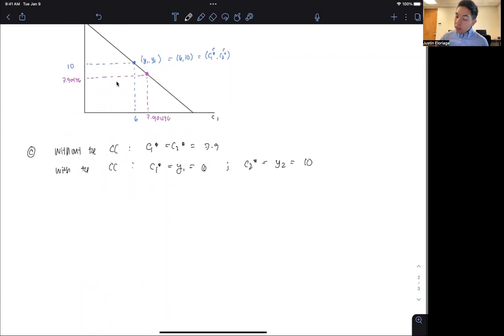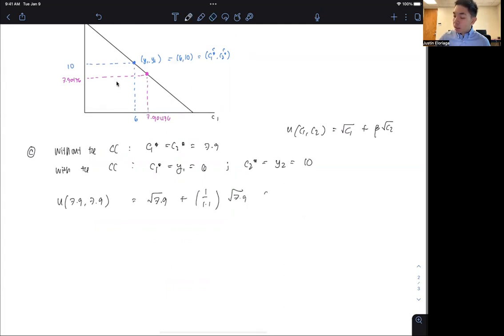If we calculate the utility under the unconstrained case, 7.9 and 7.9, you know that the utility function U(C1, C2) is the square root of C1 plus beta times the square root of C2. Just use that form and plug in the values. So you get the square root of 7.9 plus beta, which is 1 over 1.1, times the square root of 7.9. And this is approximately 5.37, right?